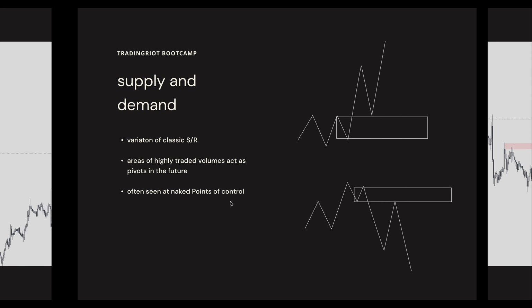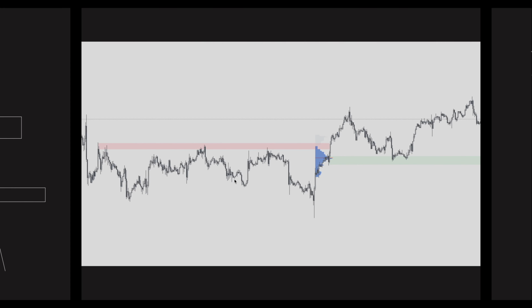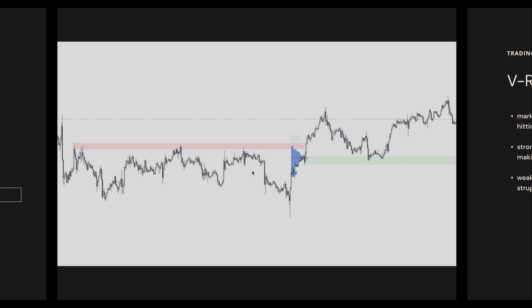I will talk about it a little bit later, but the areas of supply and demand are really as simple as that, and you can see this on a chart, this is a gold chart.